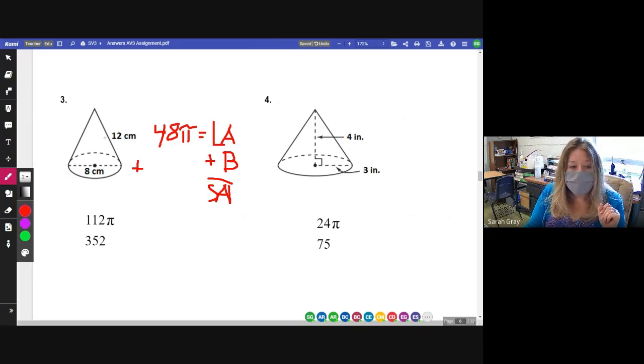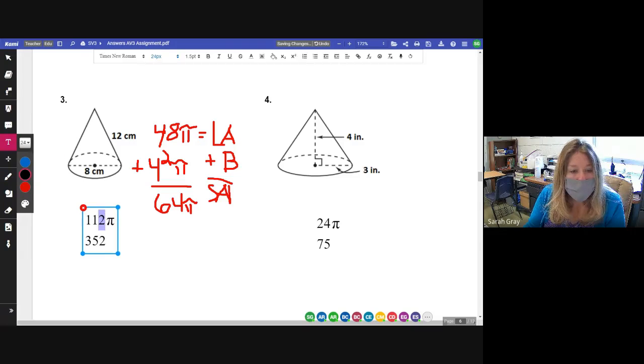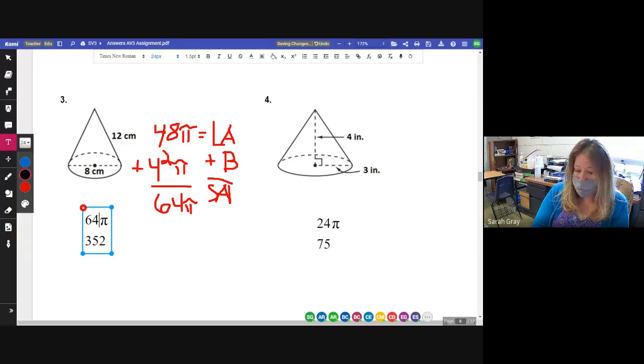Our base is a circle with radius 4, so it's pi r squared. I'm going to do 48 plus 16. Oh yeah, I got the wrong answer. So it's supposed to be 64 pi, not 112 pi. And that rounded off is 201.